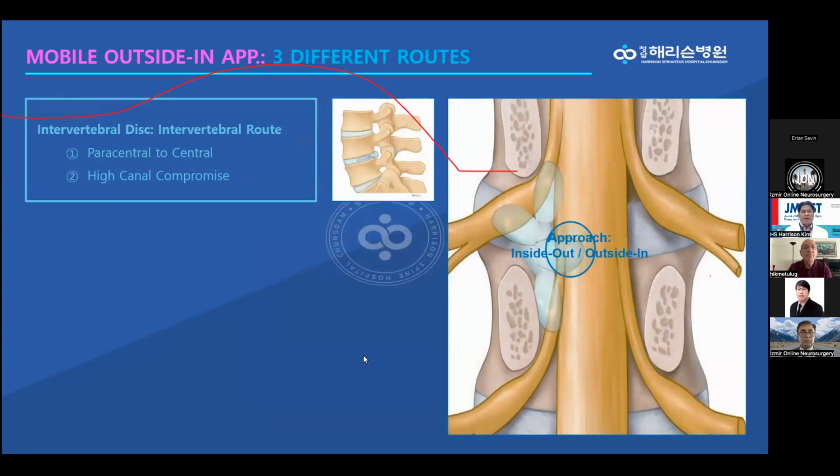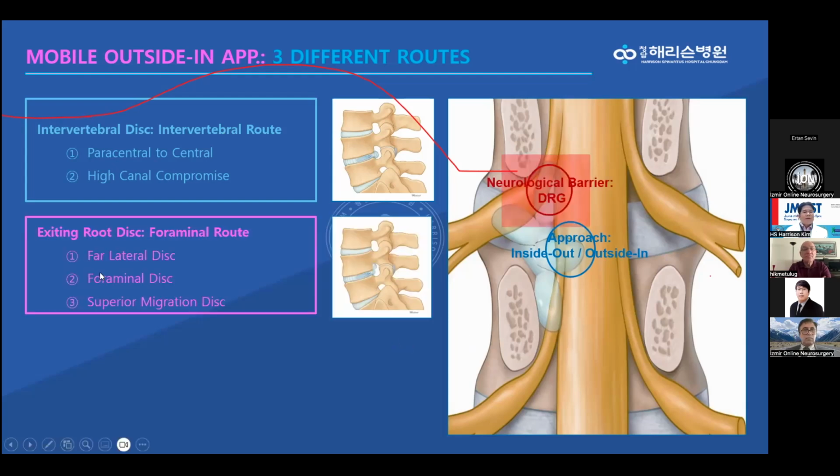Using these three different routes, for disc pathology of paracentral to central disc or high canal compromise, we usually use the intervertebral route directly to here. But in cases of paracentral, foraminal, and superior migrated disc, we use the foraminal route in this way.